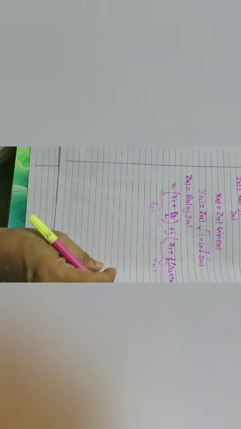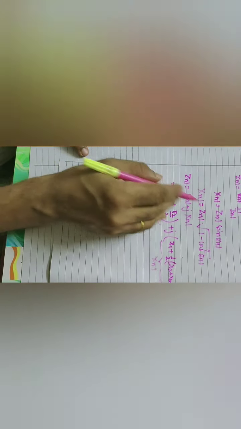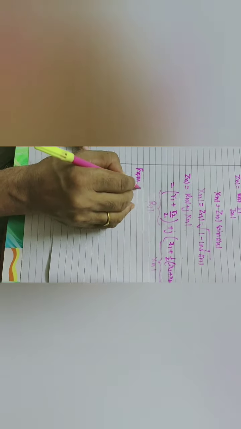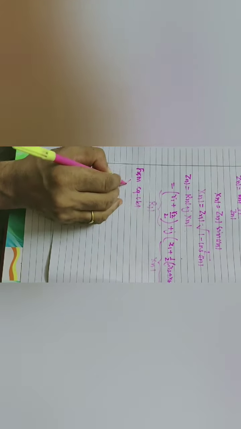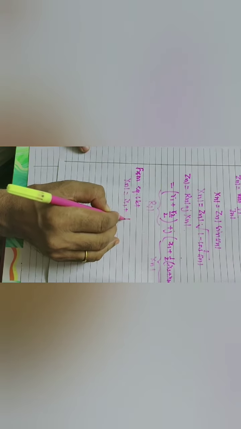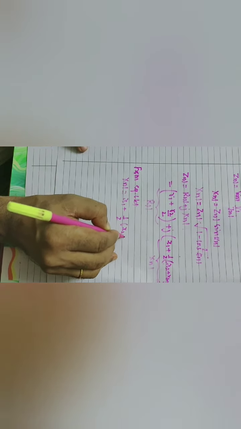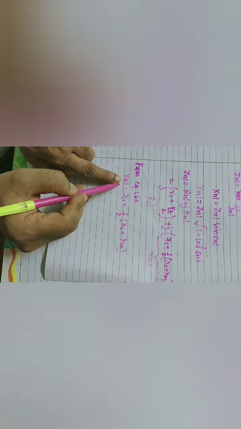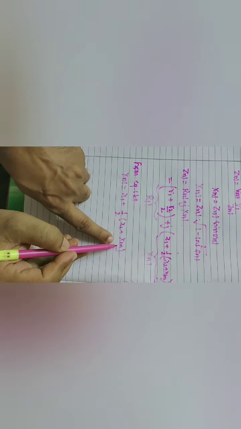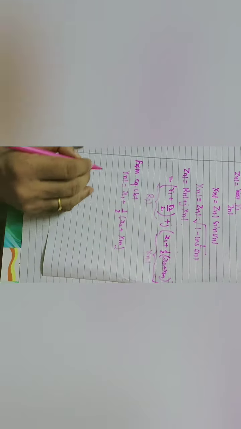Therefore, from the equivalent circuit, XNL is equal to X1 plus half X2 plus XM. Put XNL here from this formula, calculate XNL, put here X1 from block rotor test, X2 from block rotor test, and calculate XM. So this way we can determine the magnetizing reactance XM.